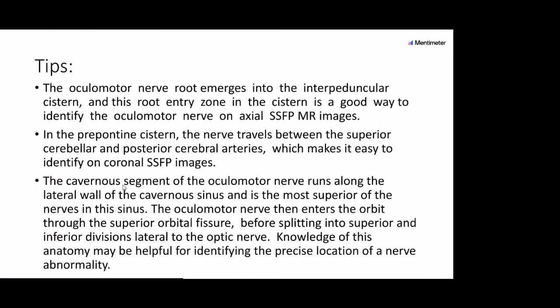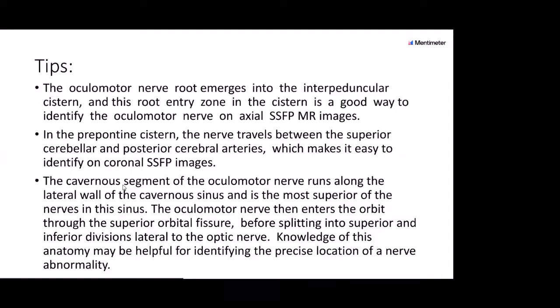So again, it's the same thing which I have already told you, that the oculomotor nerve emerges into the interpeduncular cistern. And this root entry zone is a good way to identify the nerve on the steady state sequences. And in the prepontine cistern, it runs between the superior cerebellar and posterior cerebral arteries, which makes it easy to identify on the coronal images.